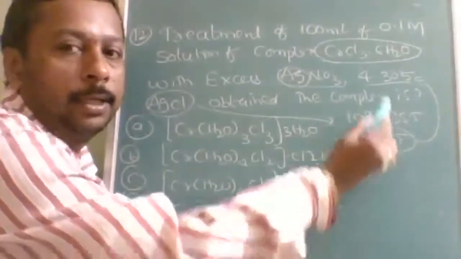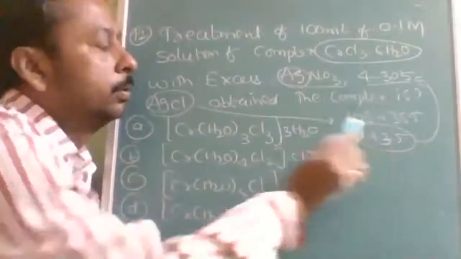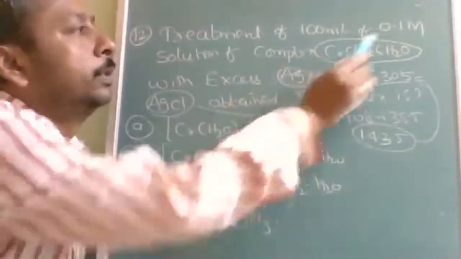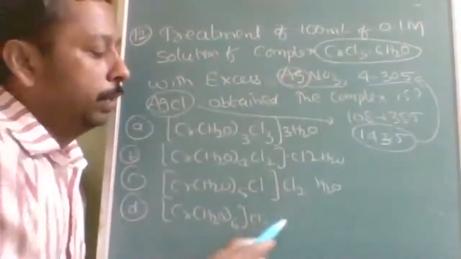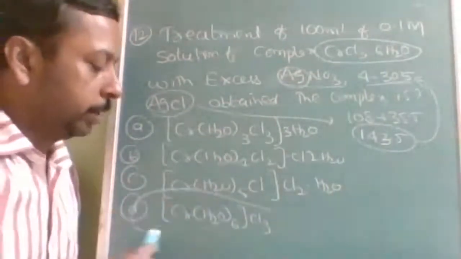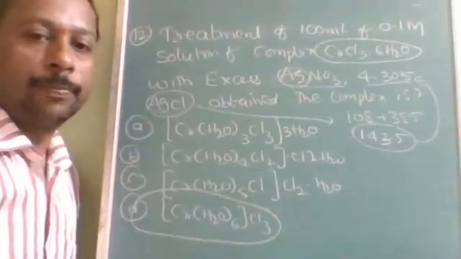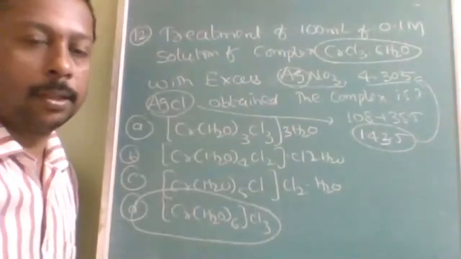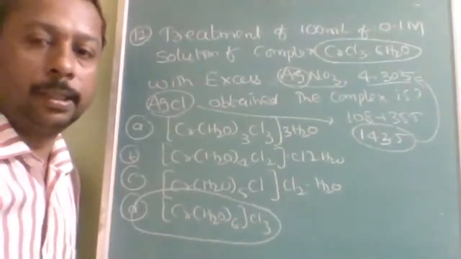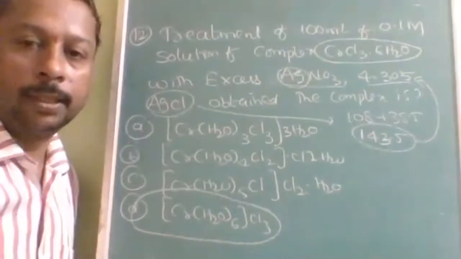So if it is approximately 3 times, that means 0.1 mole is giving 0.3 moles, so 1 mole is giving 3 moles. So 3 chlorines must be outside. That means option D is correct. Which is correct? Option D is correct. CrH2O6Cl3.